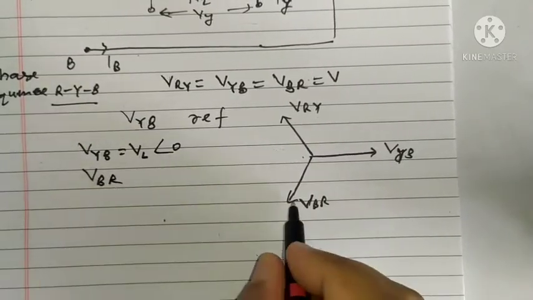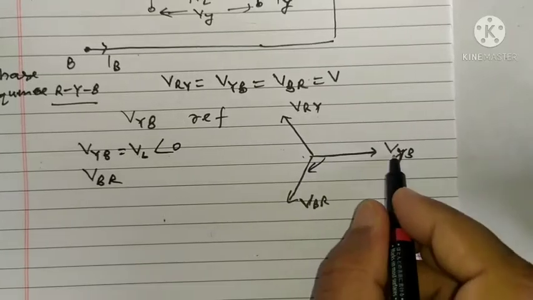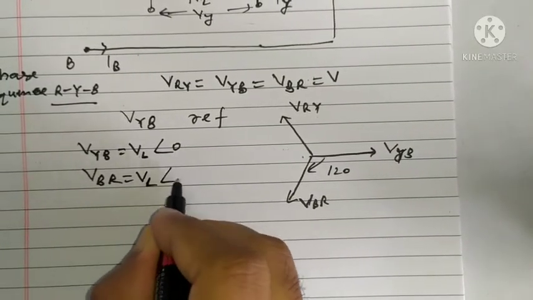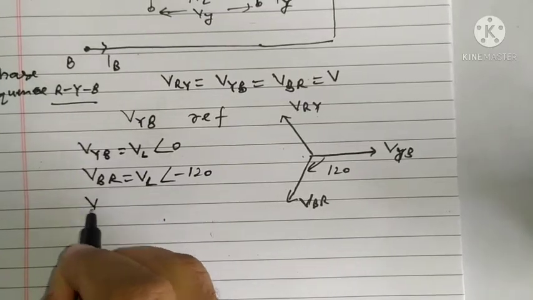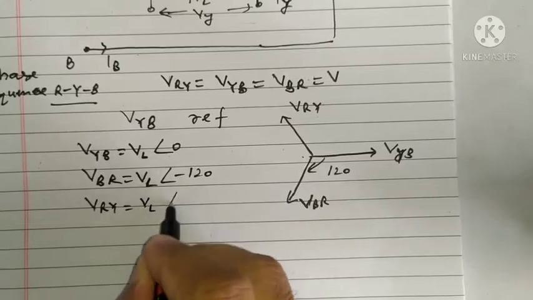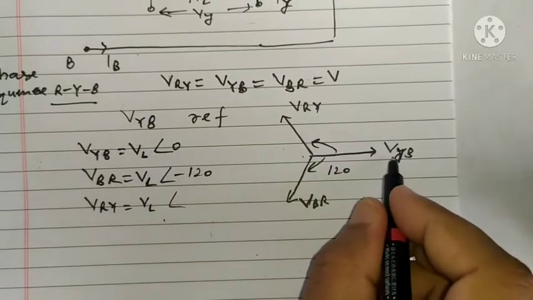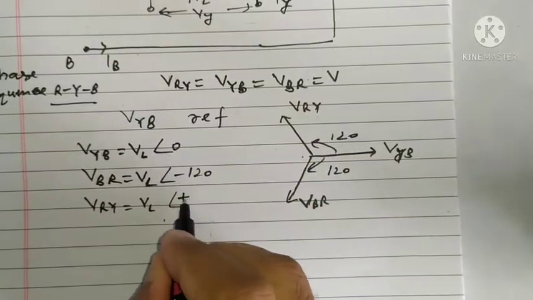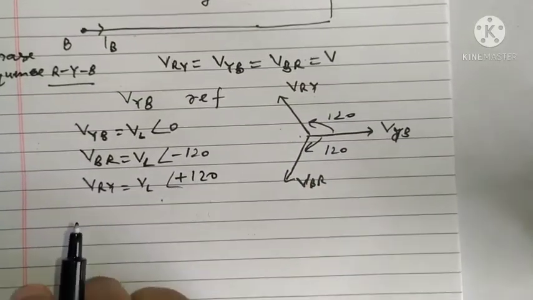VBR, this voltage will lag this voltage by 120. So VL angle minus 120, and VRY will be VL. It will lead this reference voltage by 120. So plus 120.